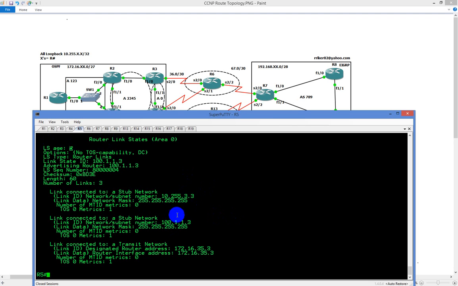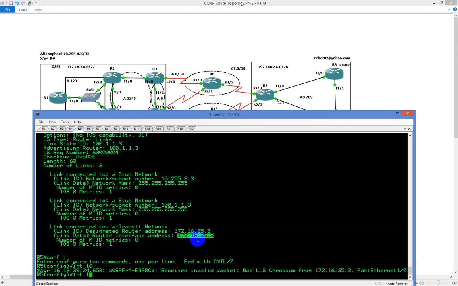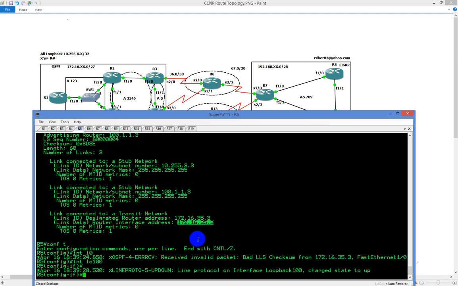So we have the loopback 0 of router 3, loopback 100 of router 3, both of their masks, and then we have the transit network to get to router 3 and the IP address we're using to perform on him. If we were to go to router 5 and type in interface loopback 100, and don't worry about what you're seeing there. I actually moved this entire setup from one computer over to another, so that's probably why this is happening, but I'm not too worried about it.